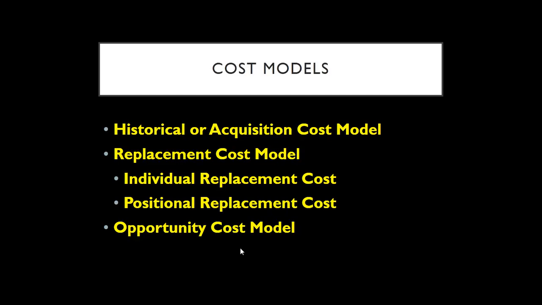The opportunity cost is taken as the value that a department or a function or a responsibility center would like to pay to get that resource. So these cost models are not very popular, and they have not been used extensively in valuing the human resources.